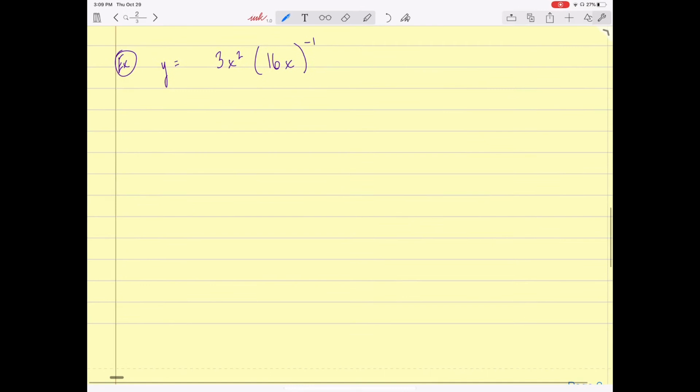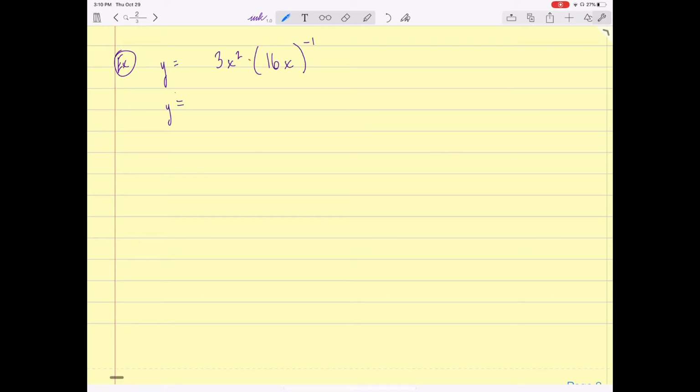In our next example. Okay, so this is an example I threw in here. This is a product. We have a product here, but this is probably not the most efficient way to do this problem, and I'll show you why. So sometimes these questions will look like products, and they are, but they might be easier to solve using something else. So what I'm going to do with this one is just rewrite it just to demonstrate what I mean.